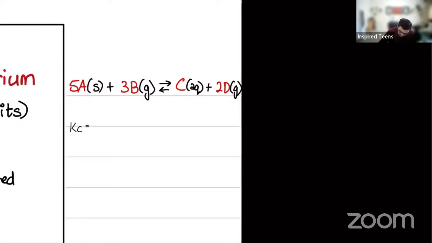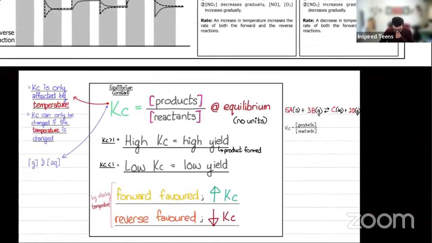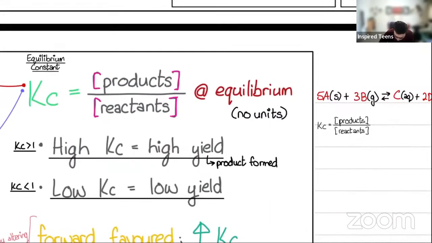Okay, so Kc, remember, is equal to the concentration of the products over the concentration of the reactants. But there's one thing we need to note: it is to the power of the molar ratio. We always add the molar ratio as an exponent.